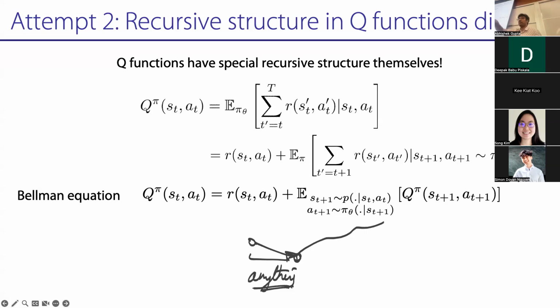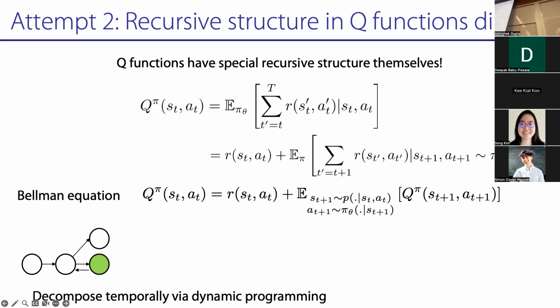If you take this one step and recurse it, you can say the one step can be from anything, then the two steps, then the three steps. And so what that allows you to do is train a Q function from data that is not from pi. The cool part about this recursion is that you can think of it as dynamic programming. Again, you start from the back and you're propagating Q.